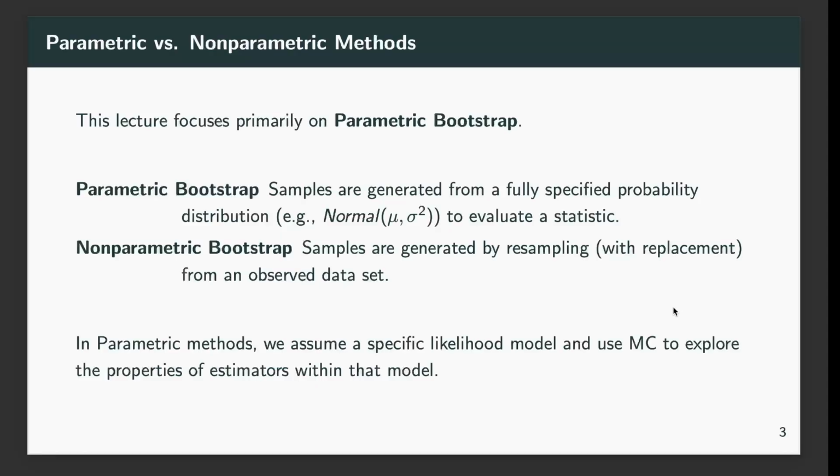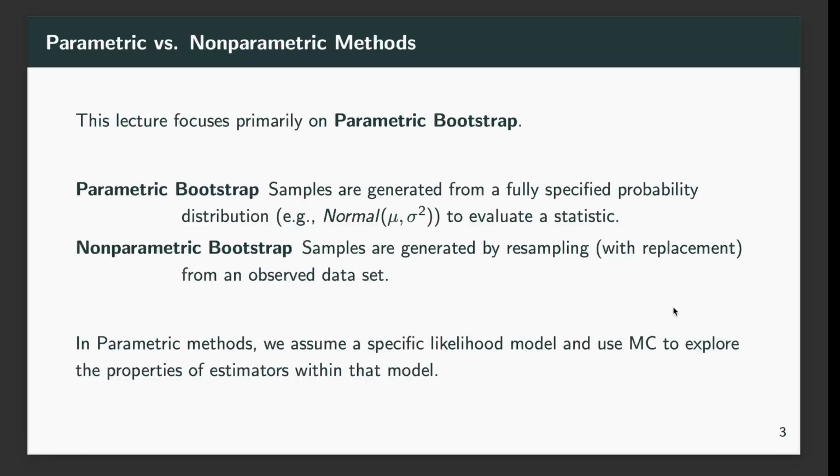In parametric methods, we assume a specific likelihood model, and we use Monte Carlo to explore the properties of estimators within that model. This means that we can study things like the bias of the estimator and the variance of the estimator.